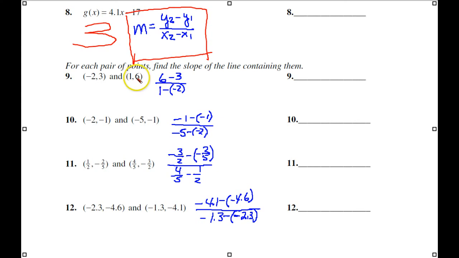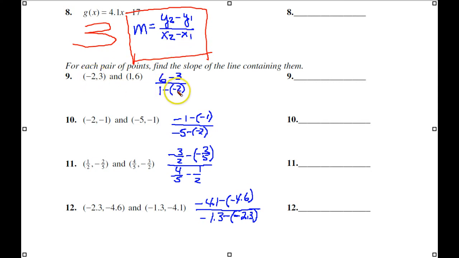So this is your y sub 2, which is a 6, and then minus is in the formula 3. 6 minus 3. Then our x sub 2 is 1 minus, now minus is in the formula, but it's a minus 2.